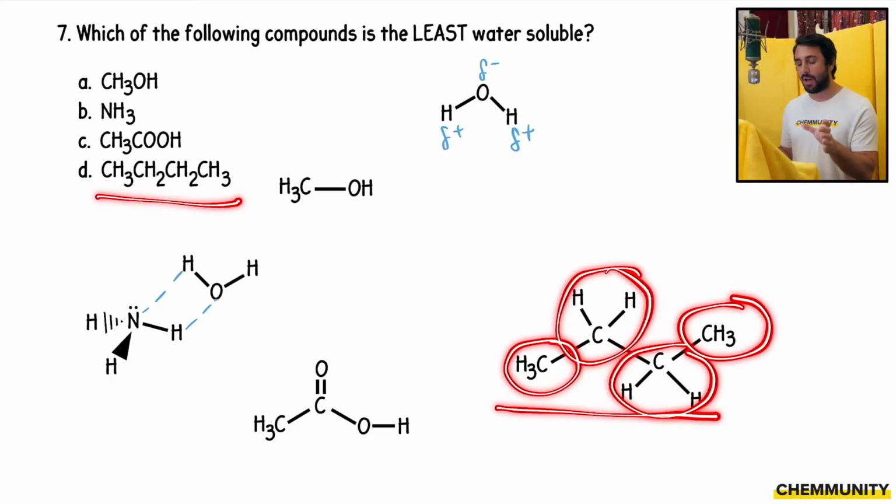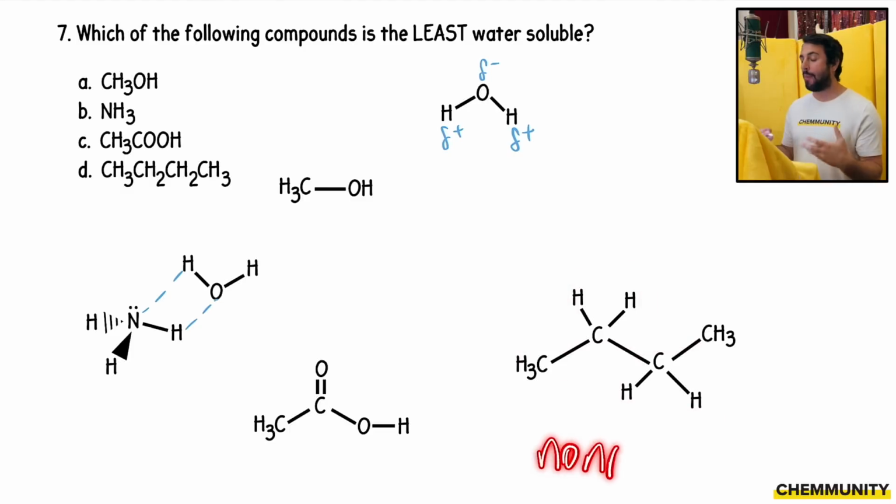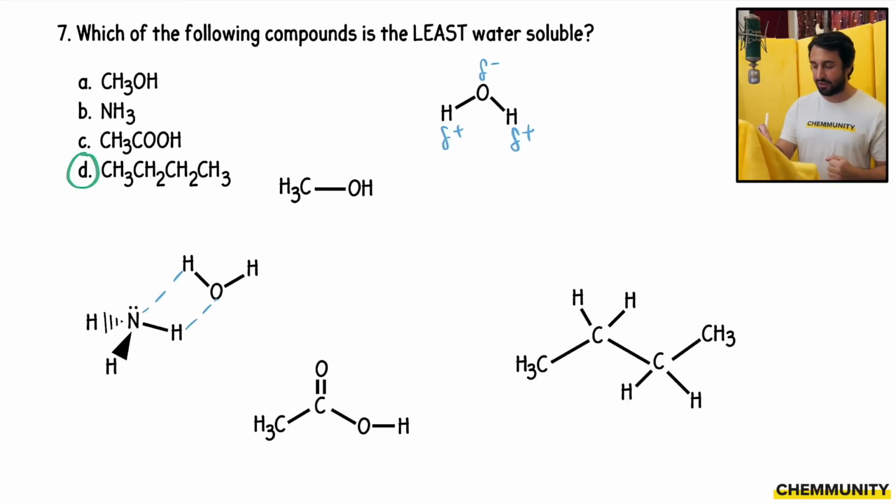There are no polar bonds in the butane molecule, so it has no opportunity to do any kind of dipole-dipole interactions or any kind of favorable electrostatic interactions with water molecules. It will be able to do some weak dispersion interactions, but on the whole, it is not going to be very water soluble because it cannot make favorable interactions with water molecules. And so as we know, nonpolar stuff and polar stuff like water tend to be insoluble, and so that one is going to be D. Butane is definitely the least water soluble of these options.